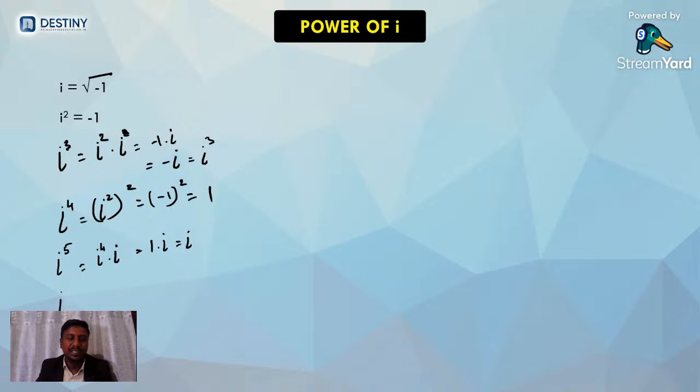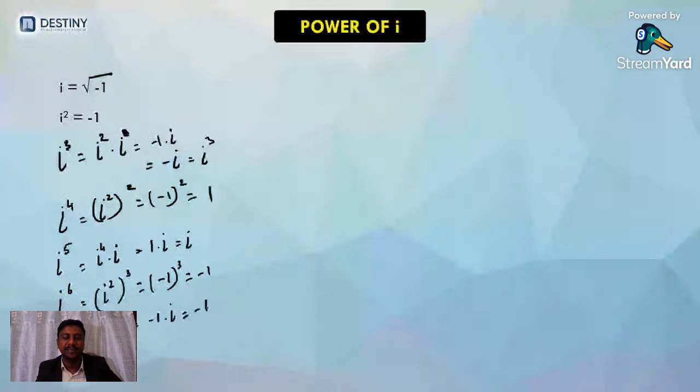So i power 6 is i square power 3, right? So i square is nothing but -1, power 3, that is -1. Then i power 7 is i power 6 into i, so -1 into i, it will become -i.